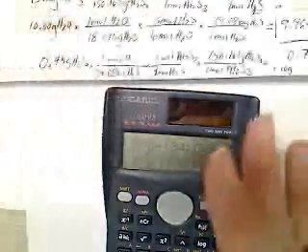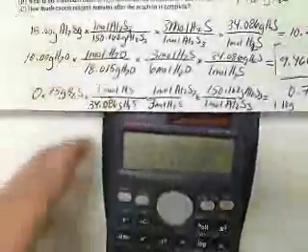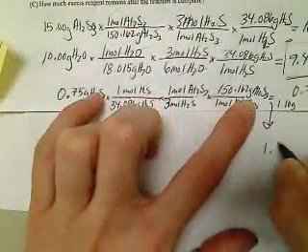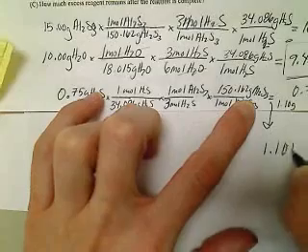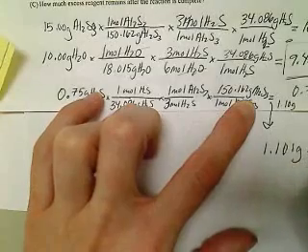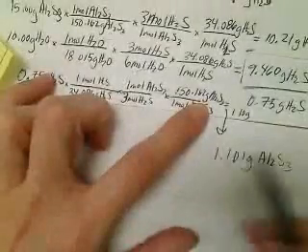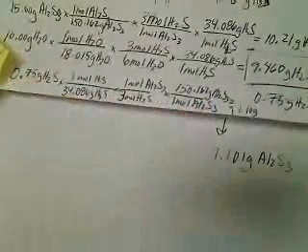And I get 1.101 grams of Al2S3, and that is your excess of aluminum sulfide.